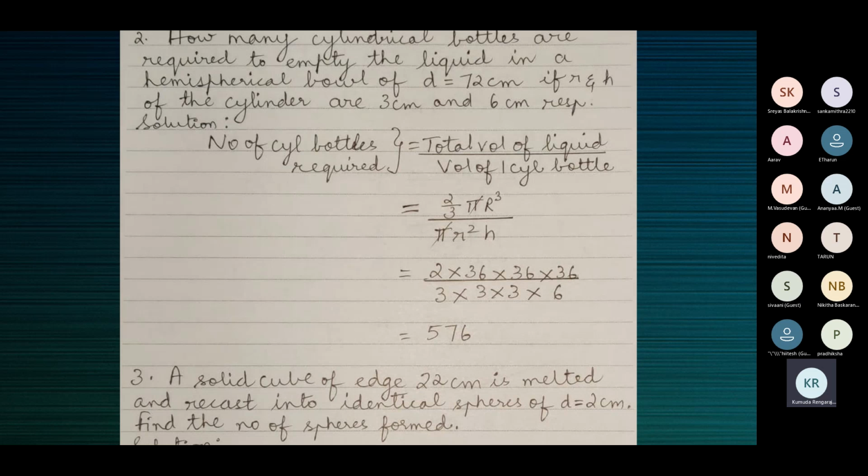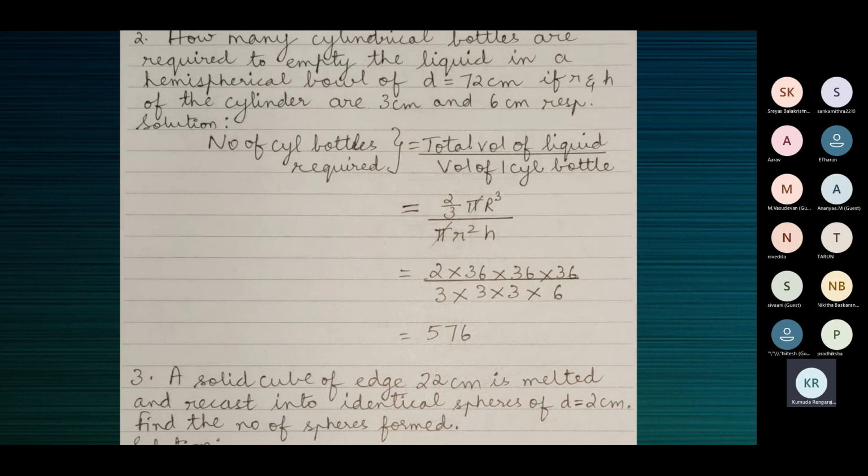And supposing you have many identical cylindrical bottles, each of which can hold 5 centimeter cube of liquid. Then how many bottles will you need? Please answer.